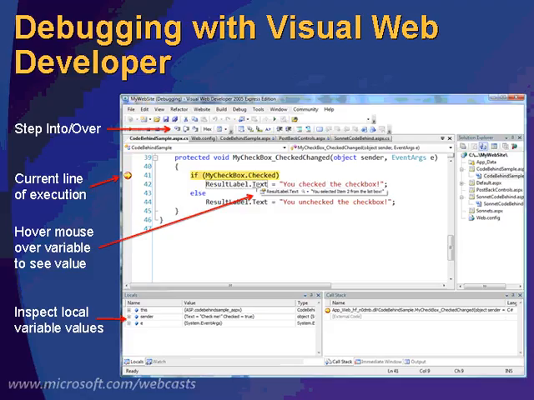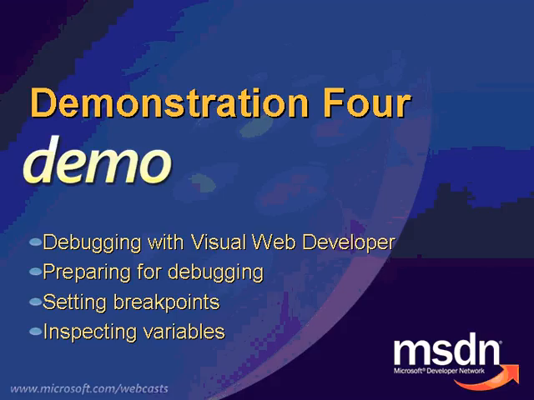Hovering the mouse cursor over variables shows the current values of these variables. The line of execution is indicated by the yellow arrow, and the locals window shows all local variables with their current values. Most importantly, the step over button will help you move to the next line. I'm going to demonstrate this to you right now.